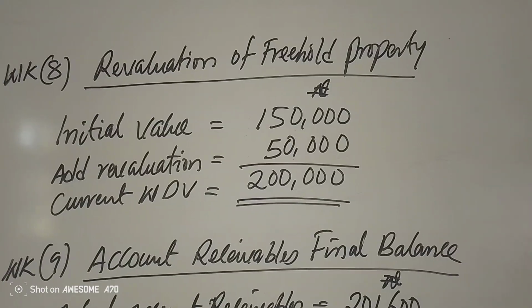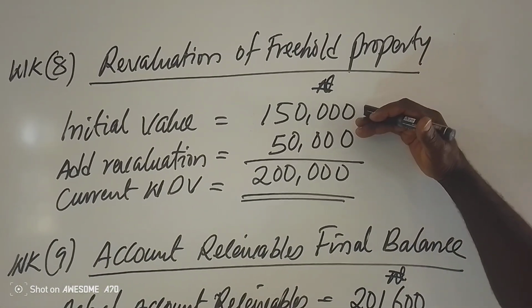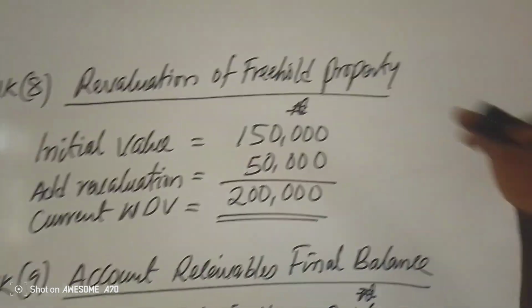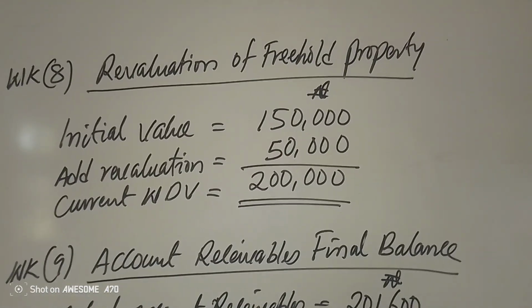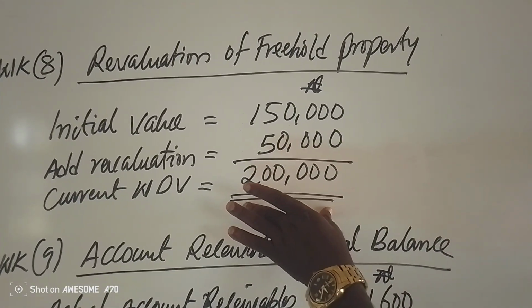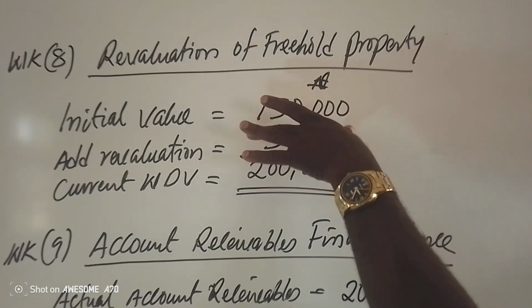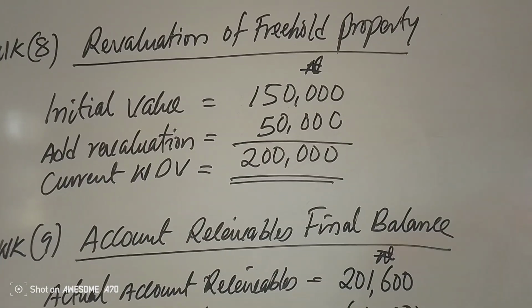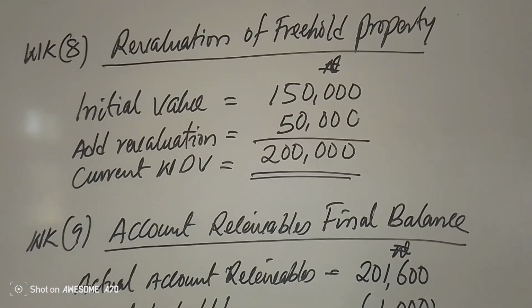Then the difference between the initial value of 150,000 and 200,000 will give you 50,000. So practically it means if the current value of freehold property is 200,000, then there was a revaluation of 50,000. That is 200,000 minus 150,000 will give you 50,000.